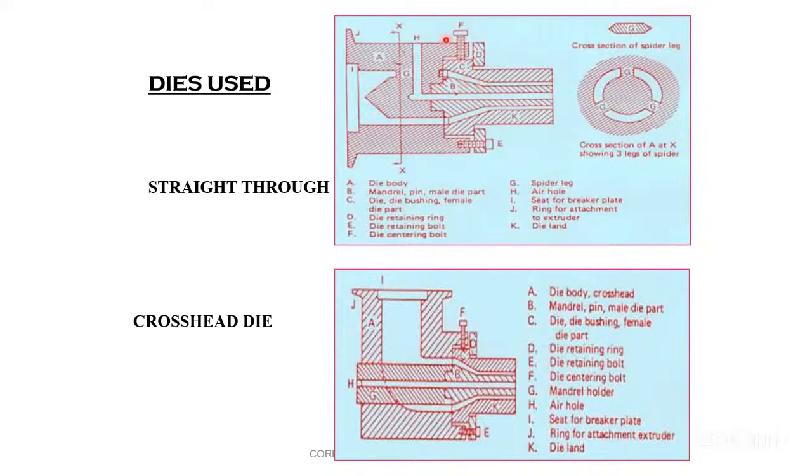We give some rotation to that, the bush will get shifted this side and this distance will be decreased, and therefore the thickness will be reduced. Therefore, there are four centering screws around the die. It's a round one. Here we are just looking at the cross section of this pipe die.